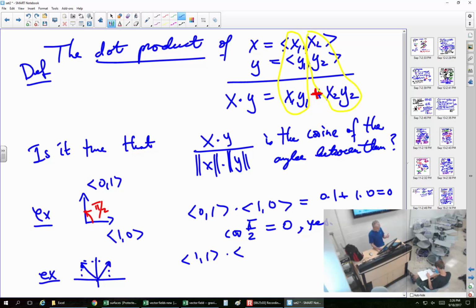The second vector is negative 1, 1, and once again I have 1 times negative 1 plus 1 times 1. It is 0. So once again, cosine pi over 2 is 0. Whenever, if and only if, as a matter of fact, the angle is pi over 2, the cosine is 0, and if the cosine is 0, then the angle is either negative pi over 2 or pi over 2. Either way, you get 90 degrees. So they are perpendicular.